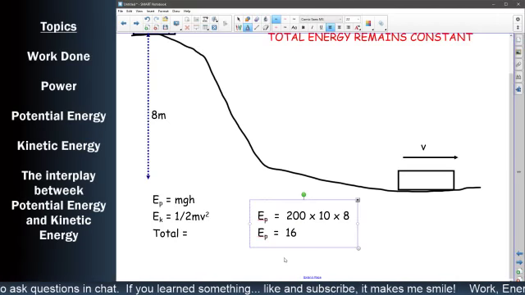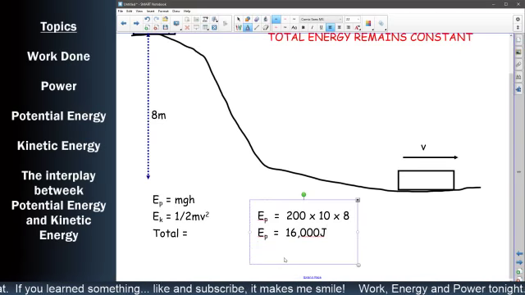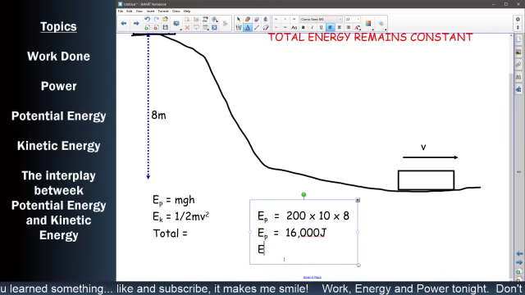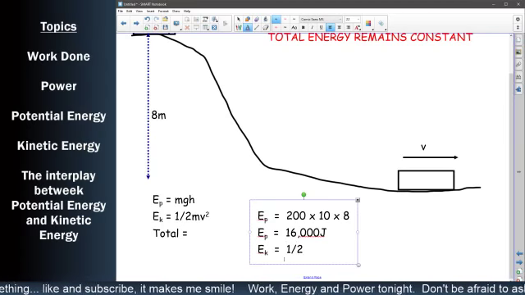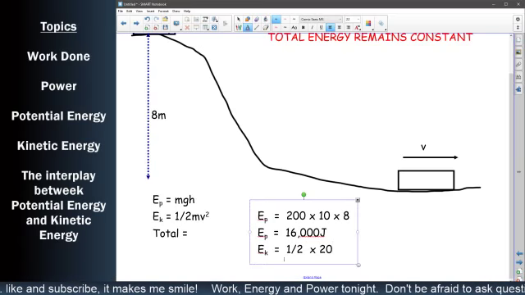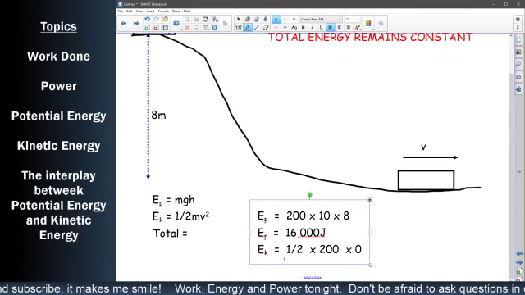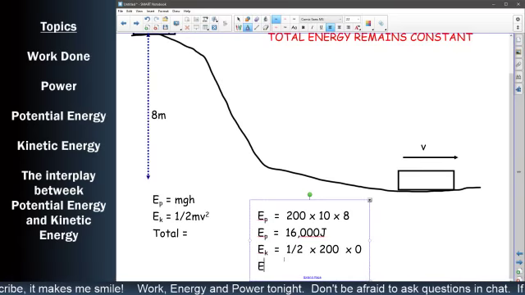Okay, so it's got 16,000 joules of energy in the potential form. Its kinetic energy, for the sake of doing the equation, EK is equal to a half mv squared, which is a half times 200, and we said it was stationary to start with, times 0, so its kinetic energy, EK, is equal to 0.